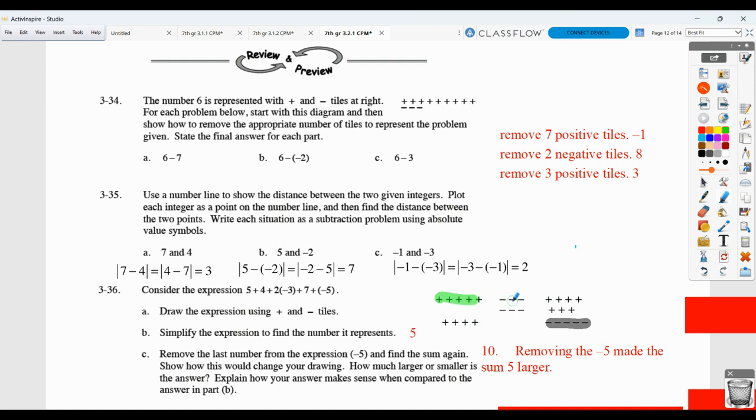Here's 5 positives with 5 negatives. Here's 1 positive with a negative. And then everything else left is positive. It's a total of 10 positives. And so by removing your negative, you made the sum 5, or a value of 5 larger. You made the total 5 larger by removing a negative.